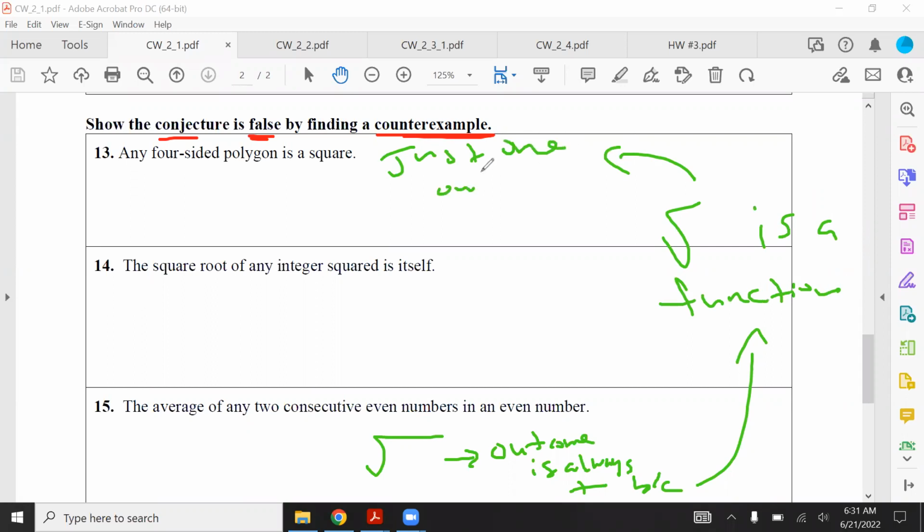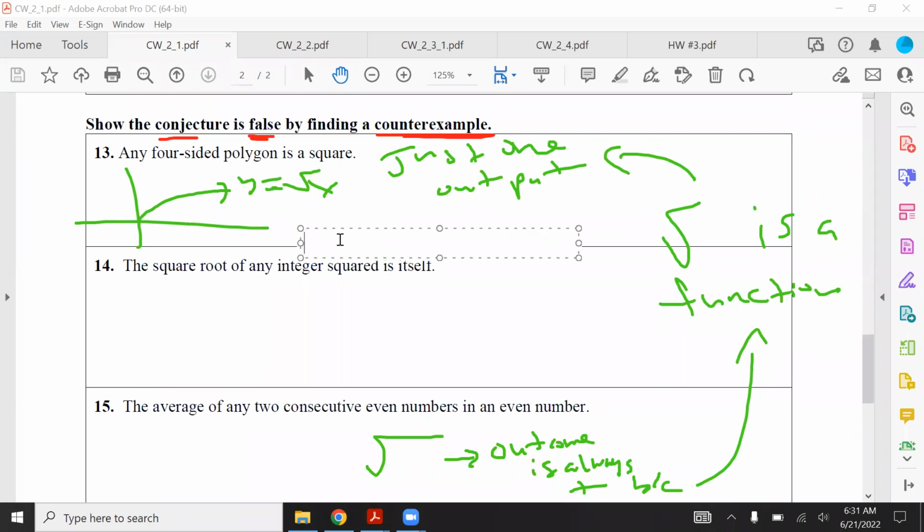Hopefully some of you cover that in Algebra 1. The graph of a square root looks like this. So there's only going to be one y value for every x value. That's actually very important. To be a function, just one y value for each x value.